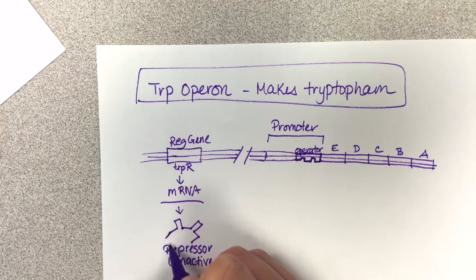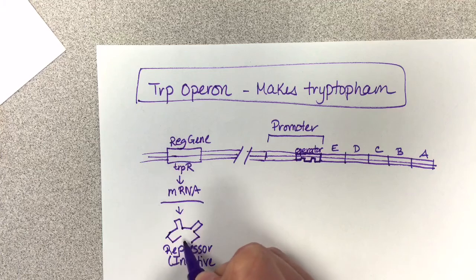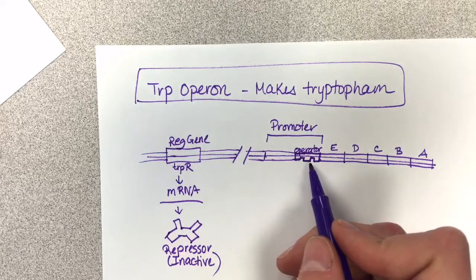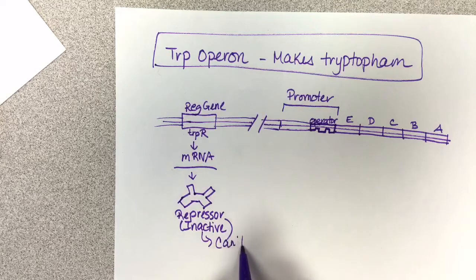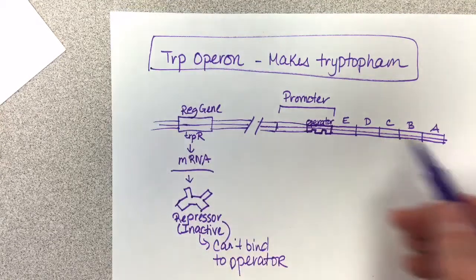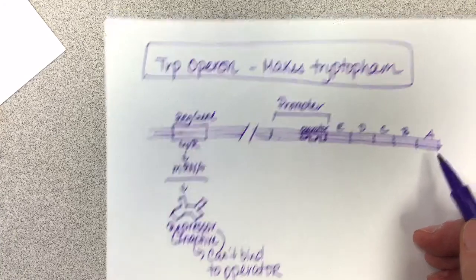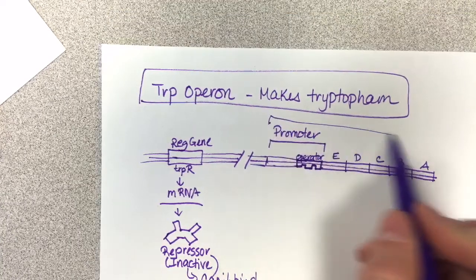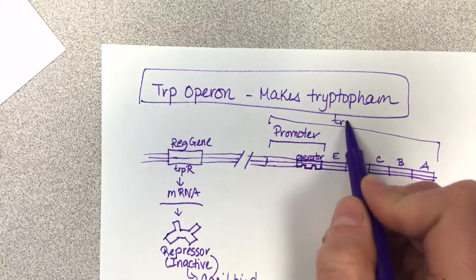I'm not the best artist here, so I apologize. So that's your repressor, and it's in the inactive state, meaning that it can't bind to the operator. The repressor represses or turns these genes off, all right? And this whole thing, from the promoter region to the end here, is called your trp operon.